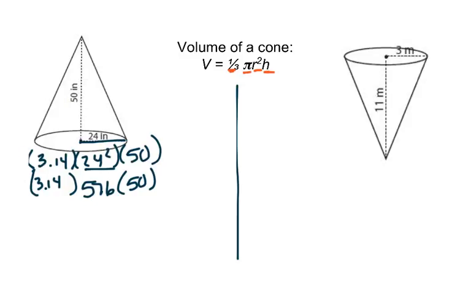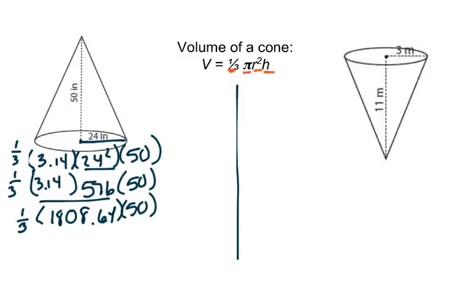Sorry, I'm going to move this up just a little so it's easier to read. Now, I'm going to start right here and multiply. I'm going to leave the 1/3, like I said, till the very end. 1,808.64 times 50.